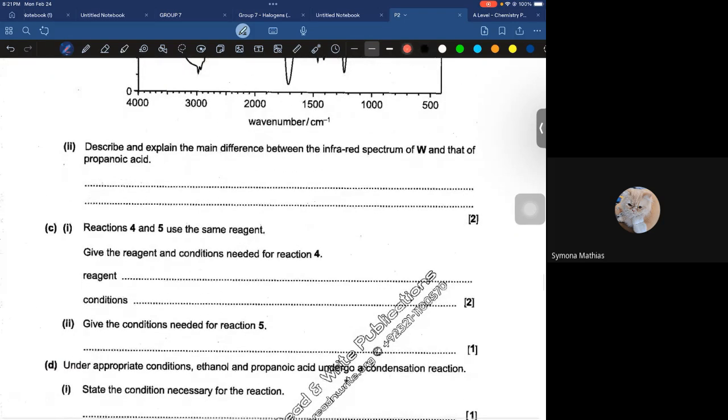So I would write aqueous sodium hydroxide, heat under reflux. And if you use sodium hydroxide in ethanol, there would be an elimination reaction, like in reaction 5. Give the conditions needed for reaction 5. So sodium hydroxide in ethanol.